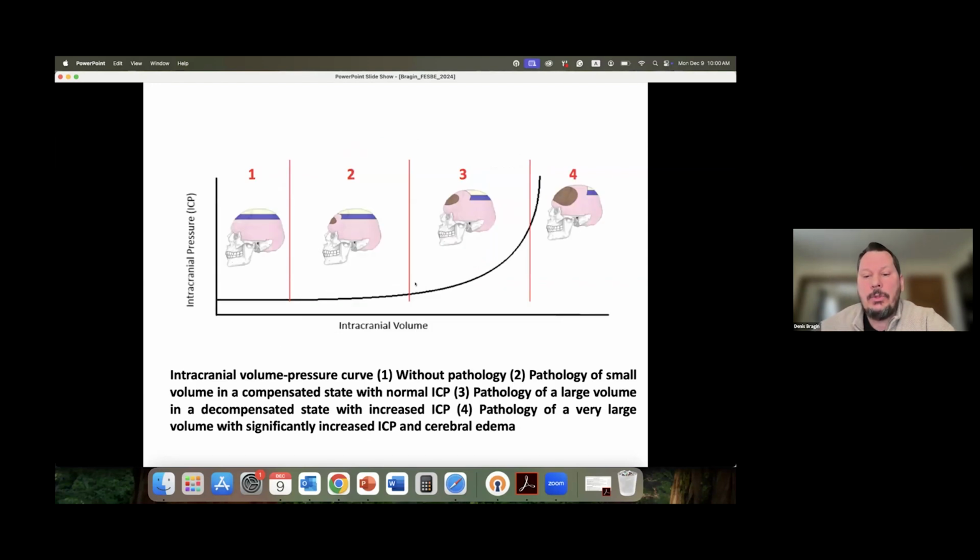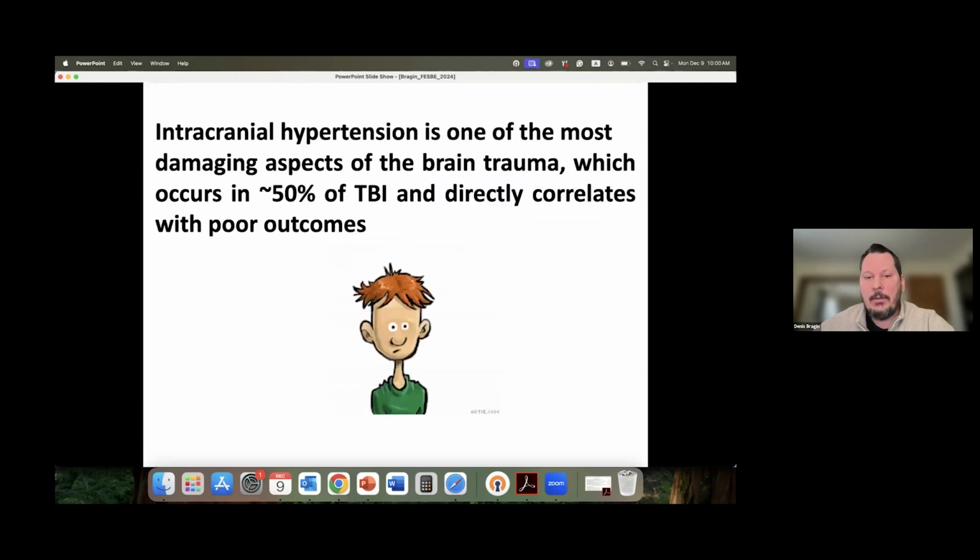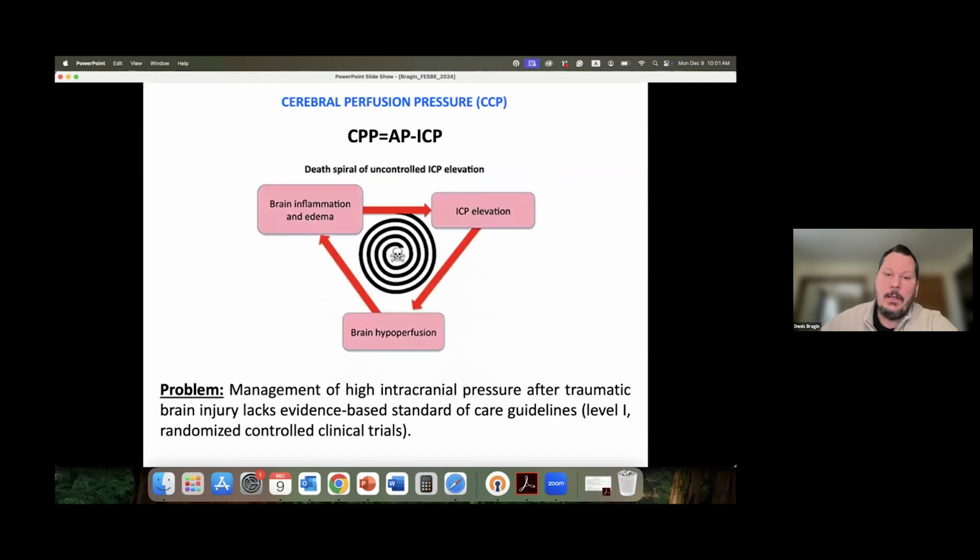And this leads to pathology because it increases intracranial pressure. Intracranial hypertension is one of the most damaging aspects of brain trauma, which occurs in 50% of TBI and correlates with poor outcomes.